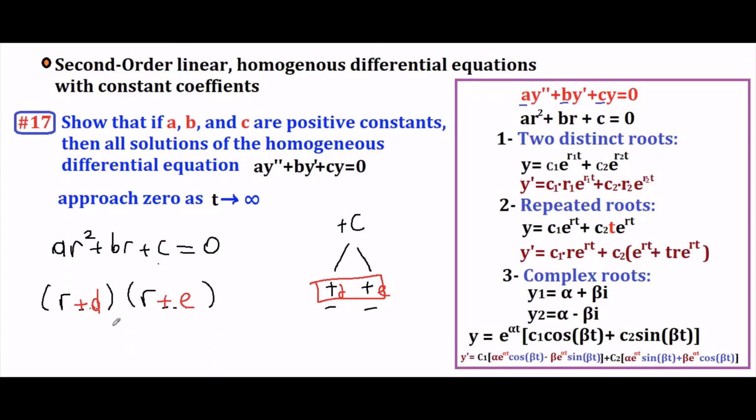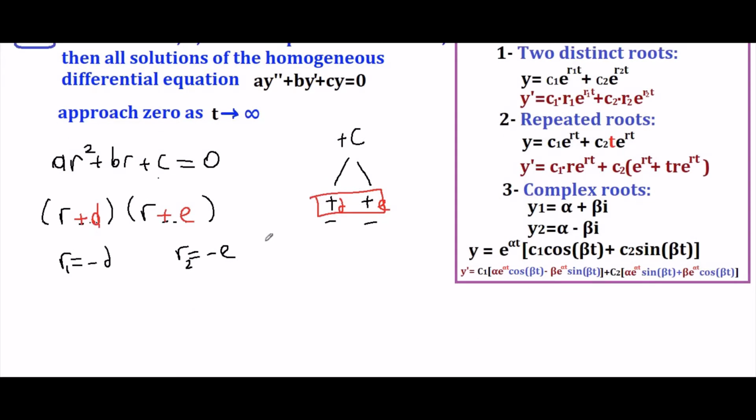So our roots have to be negative: r equals negative d and r equals negative e. We are 100% sure that our roots r1 and r2 are negative if a, b, and c are positive, because that's the only possible pair of numbers that gives our positive c value and at the same time a positive b value. So from this assumption we can solve this problem.